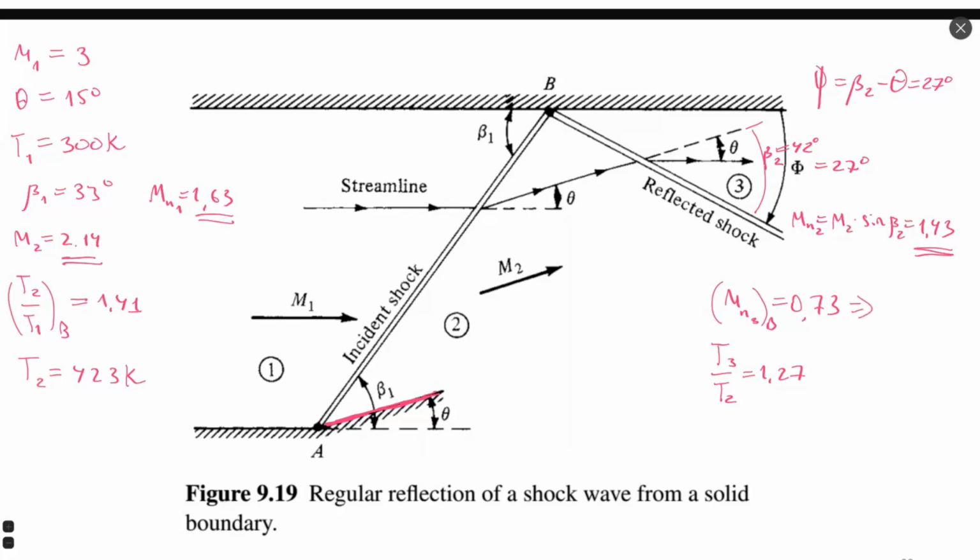From this value, I can calculate M3. M3 is MN3 divided by sine of phi. Sine phi is already the difference between beta 2 and theta. And temperature 3 would be temperature 2 multiplied by 1.27.